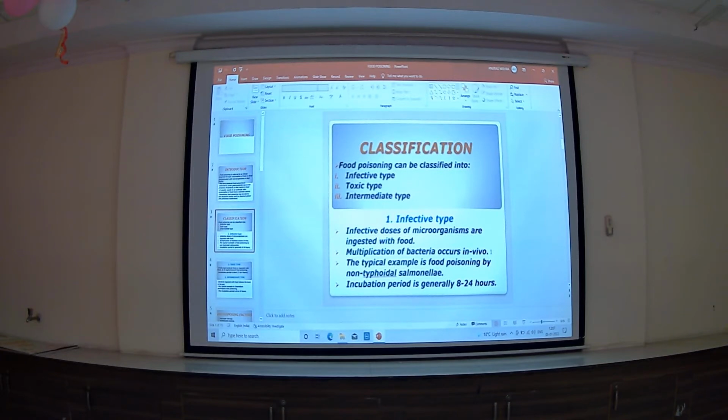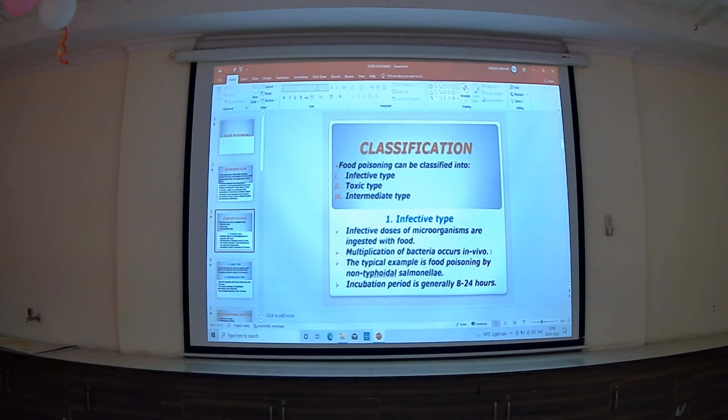Food poisoning may be classified into three categories. That is the infective type, toxic type, and intermediate type.